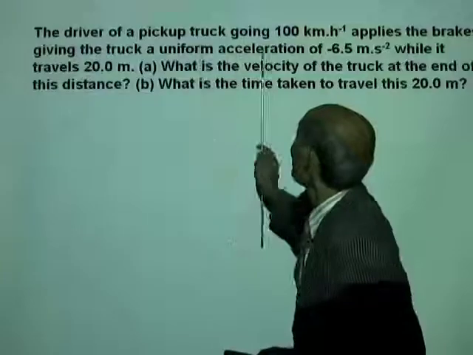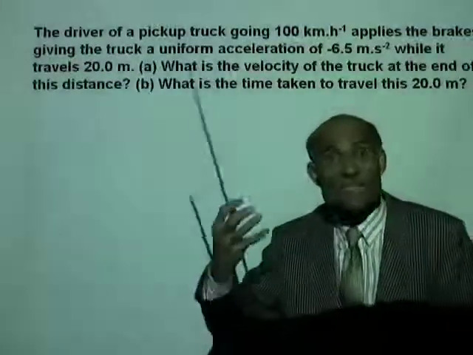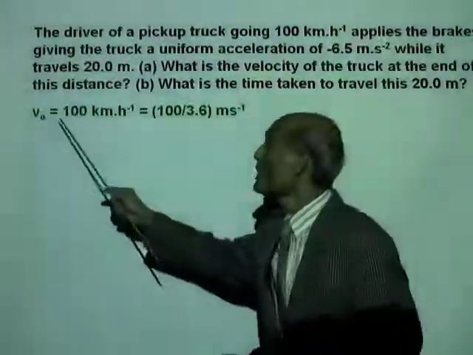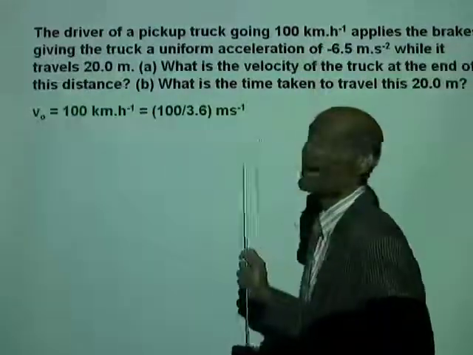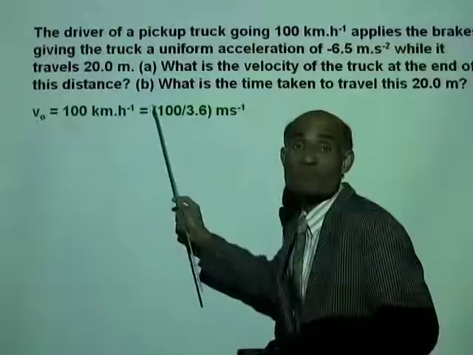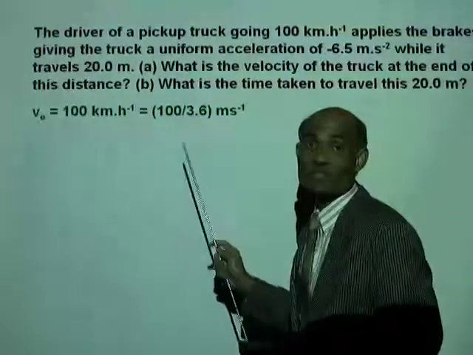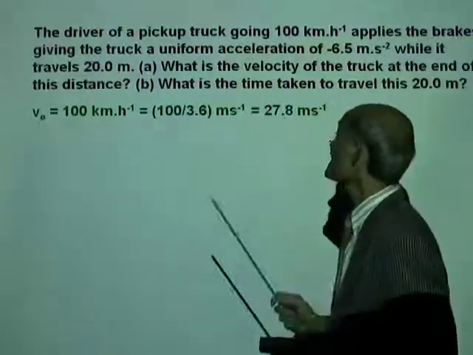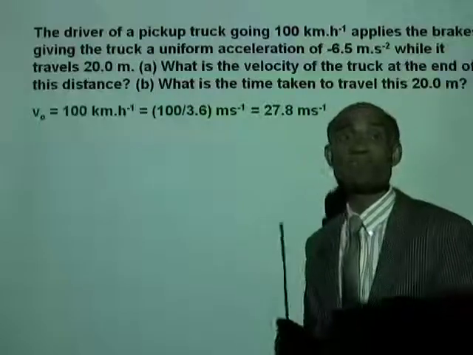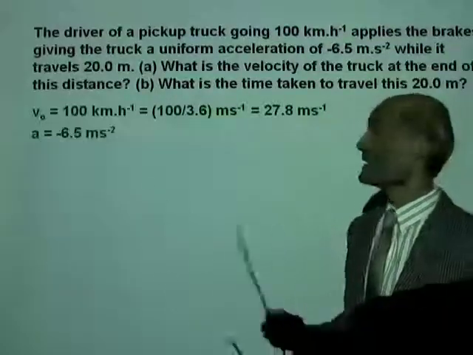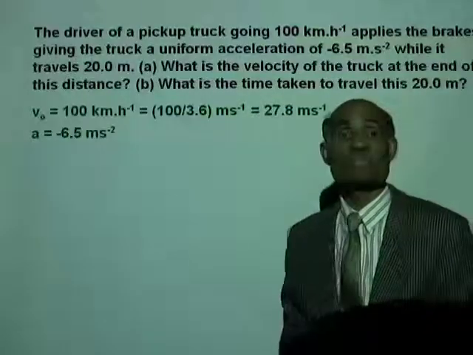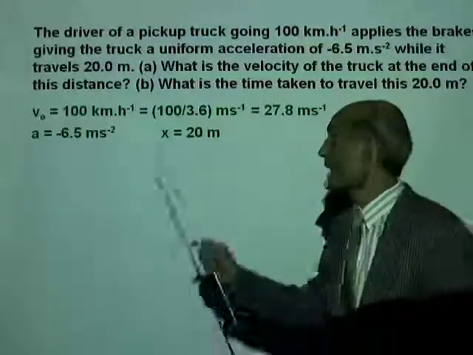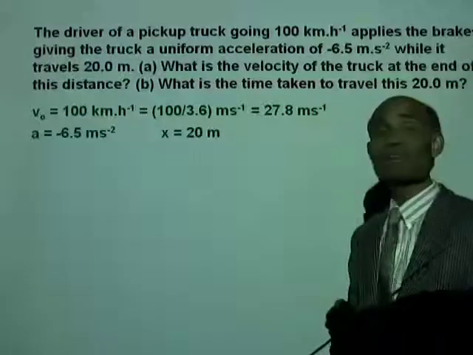Always look at the problem and pick the data. What do we know? We know the initial velocity is 100 km per hour. Convert that to meter per second, divide by 3.6. That is 27.8 meter per second. Acceleration is negative 6.5 meter per second squared and x equals 20 meter.